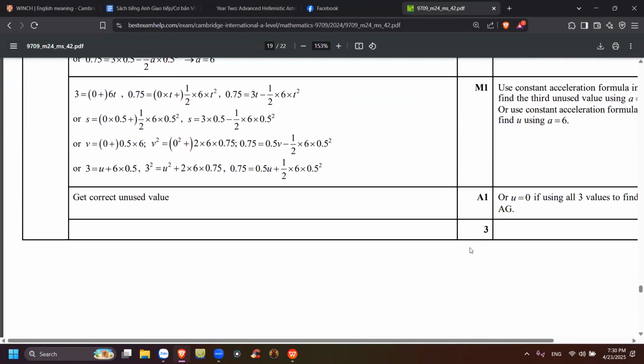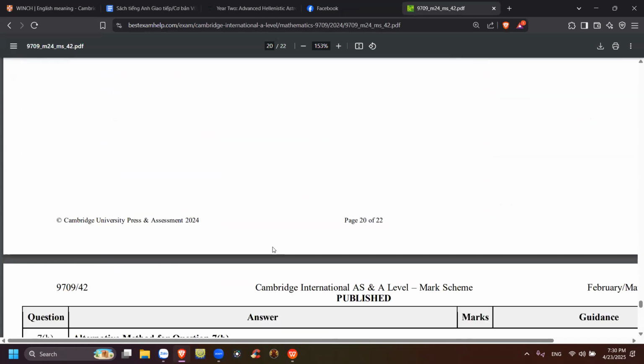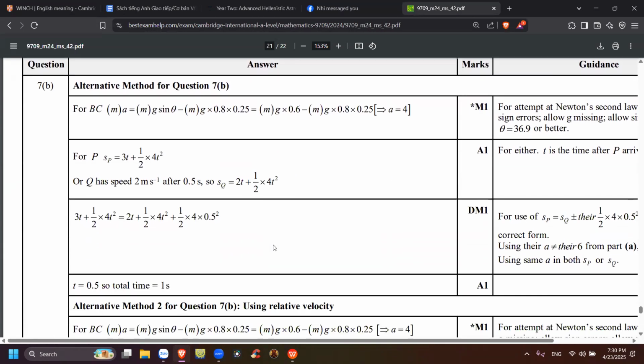It doesn't even say how much U is. And for question B, they say t equals half a second, so the total time is 1 second.